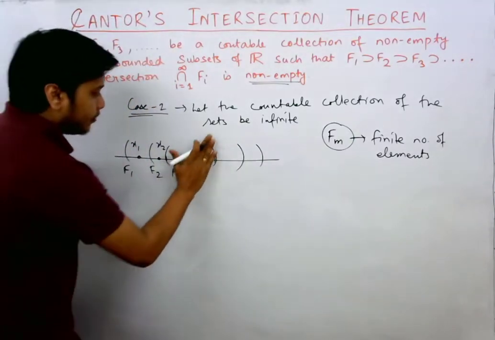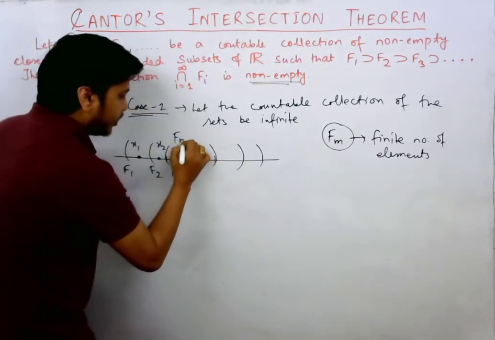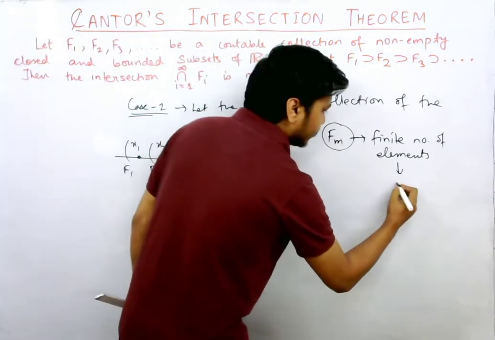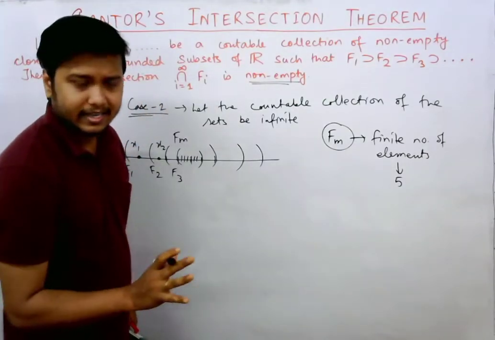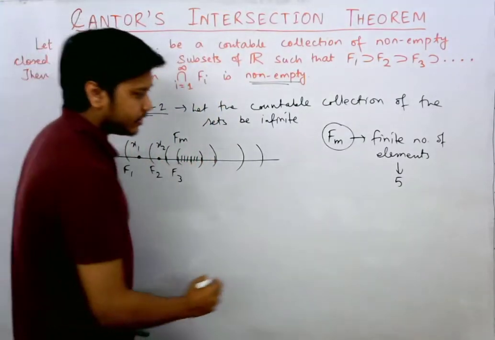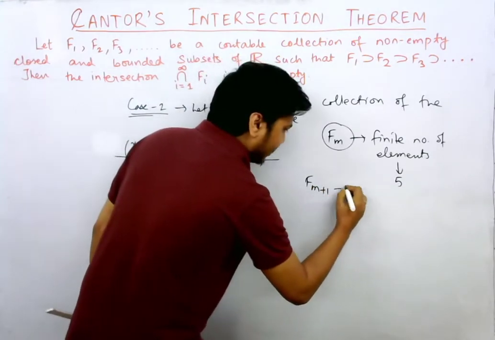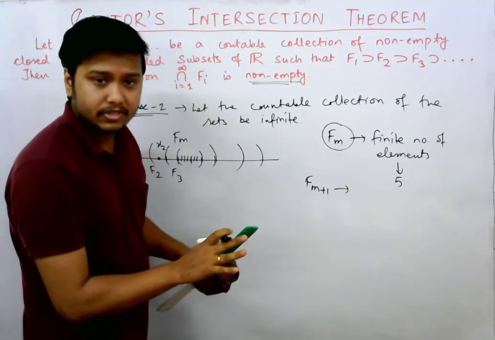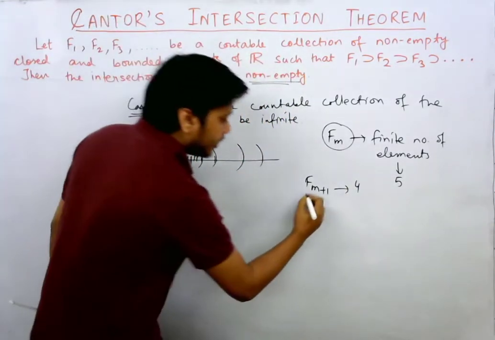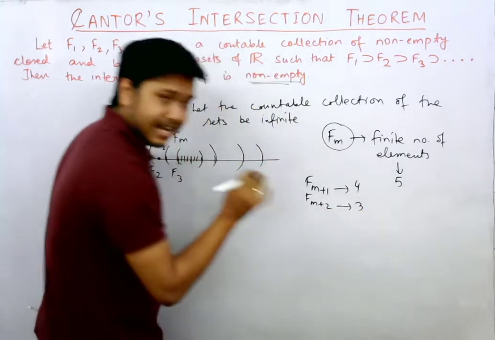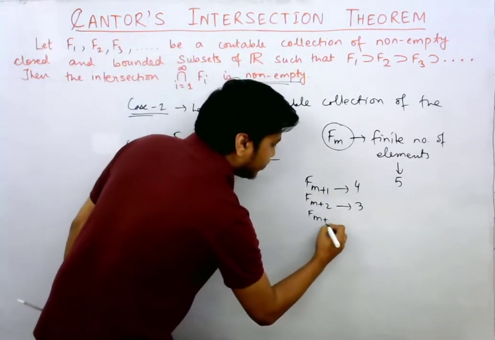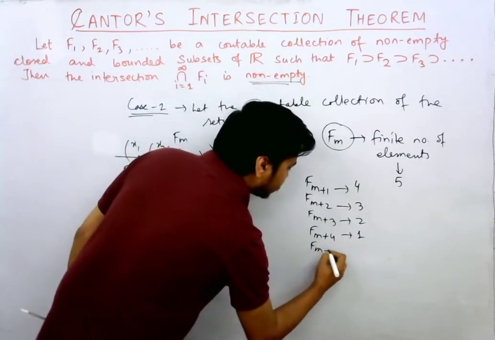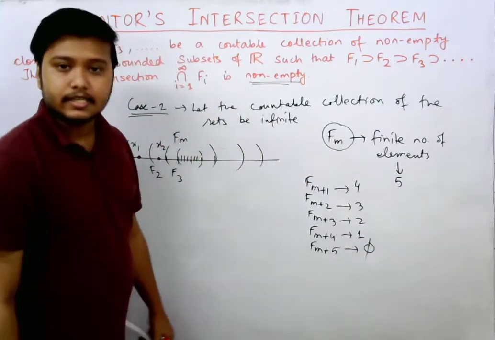Why is it not possible? Because if I have Fm over here which contains a finite number of elements, let's say it contains 5 elements, just for an example, then Fm plus 1 has to contain at least one element less than Fm because it's going to be a proper subset. So this will contain 4 elements. Then Fm plus 2 will contain at most 3 elements, Fm plus 3 will contain 2 elements, Fm plus 4 will contain 1 element, and Fm plus 5 will become the empty set, right?